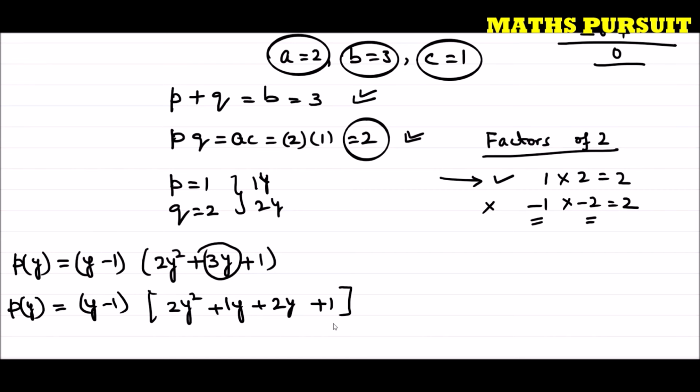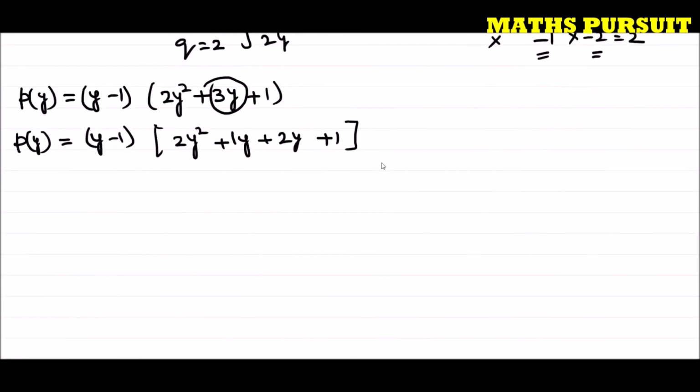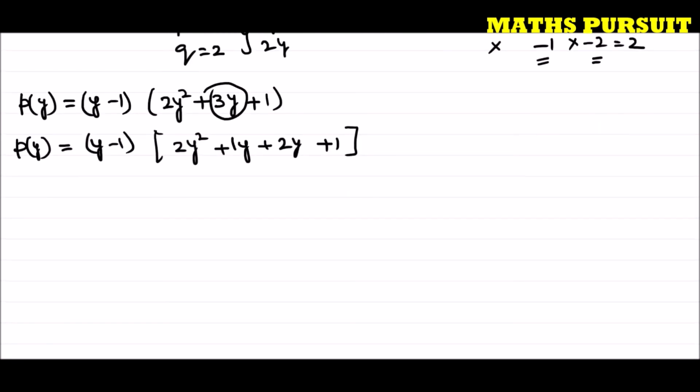Now let us further solve this. I can write p(y) is equal to (y minus 1) into, taking y as common, y times (2y plus 1).